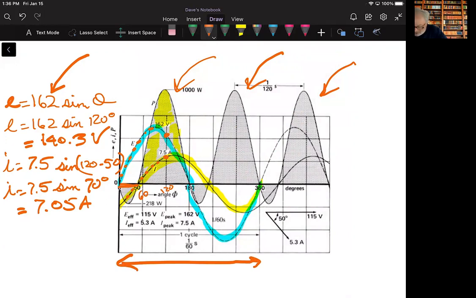So the frequency of the power curve is always 2 times whatever the frequency of the voltage and the current is.